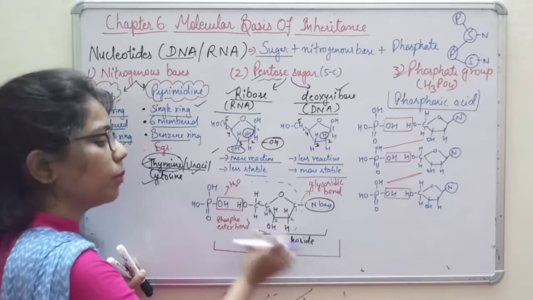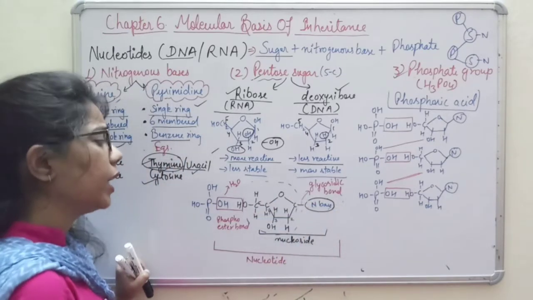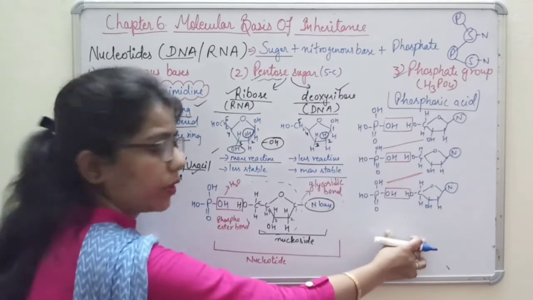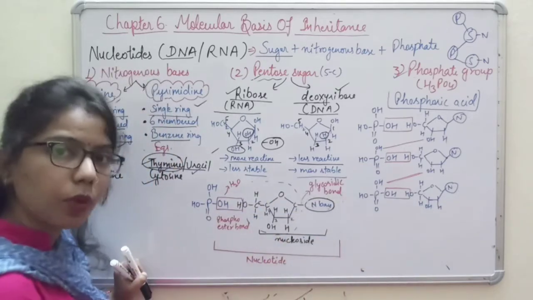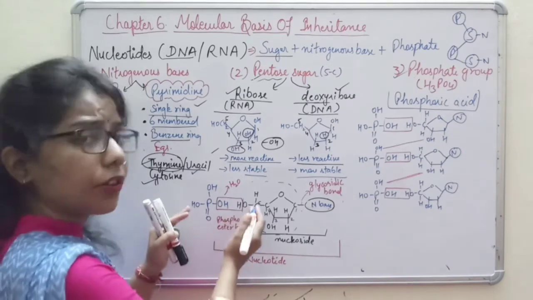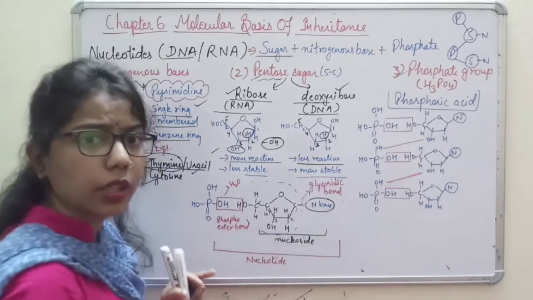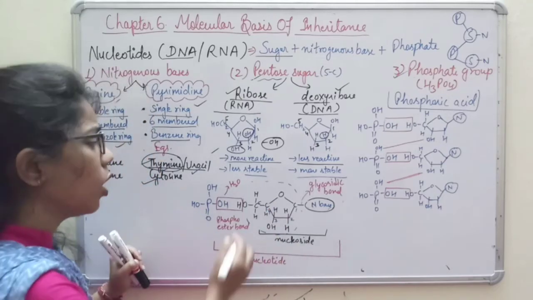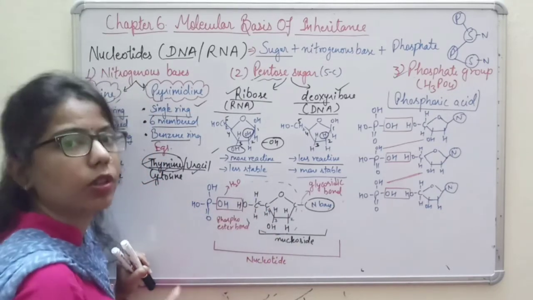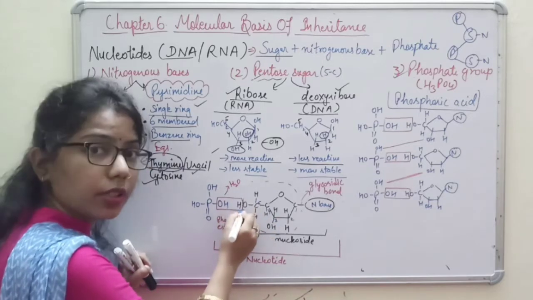Now we have the sugar, and we have also added the nitrogenous base. Okay, now we will add the phosphate group. So we have added the phosphate group also. Now what will happen, as it will react with this phosphoric acid? Because sugar is an organic compound which is having a hydroxyl group.